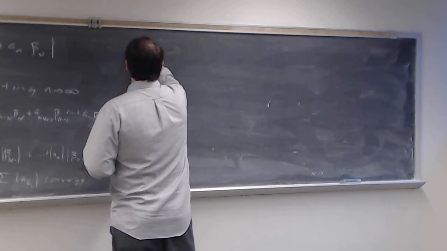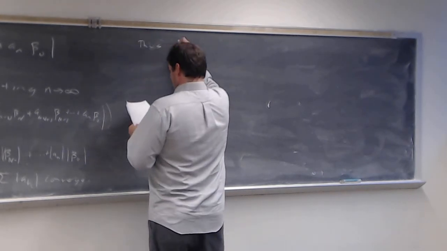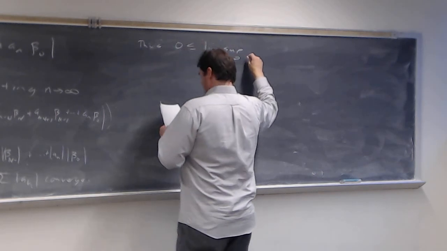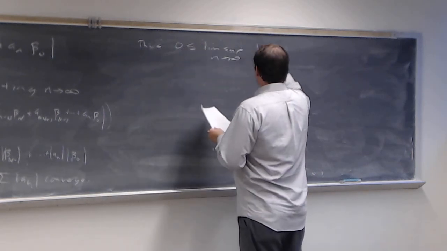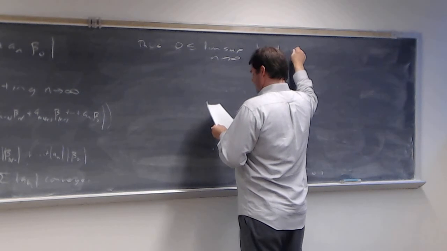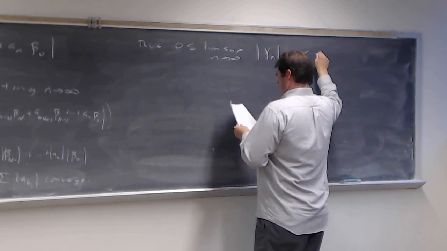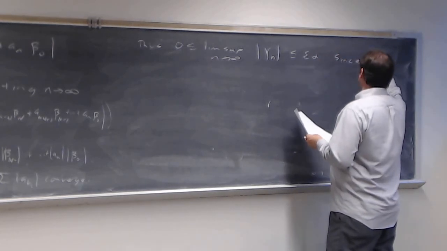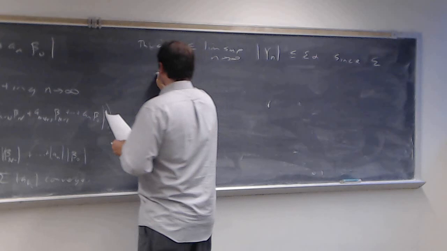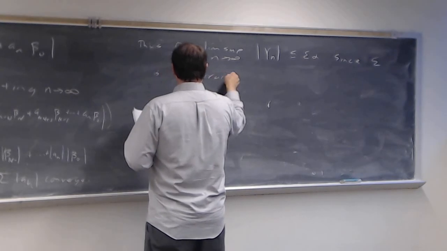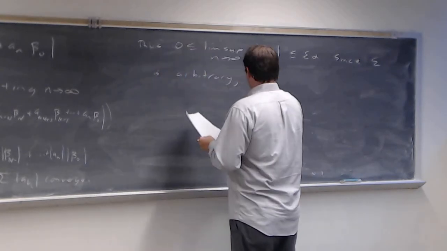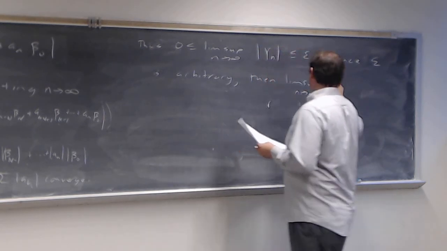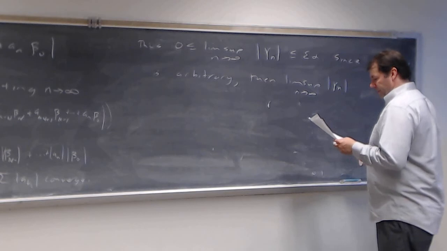Thus, we have 0 is less than or equal to the lim sup as n goes to infinity of the gamma sub n's inside norms, which is less than or equal to epsilon times this alpha. And since epsilon is arbitrary, that tells us that the lim sup as n goes to infinity of gamma sub n equals 0.